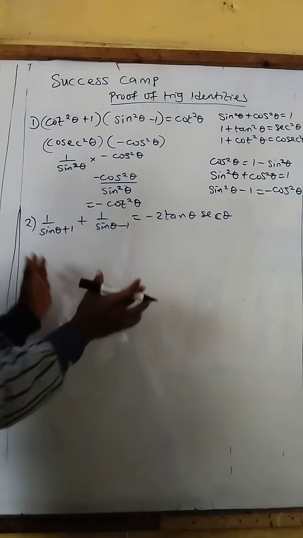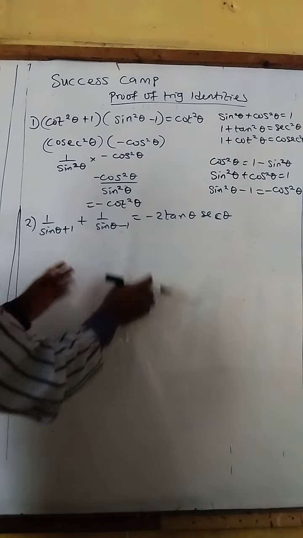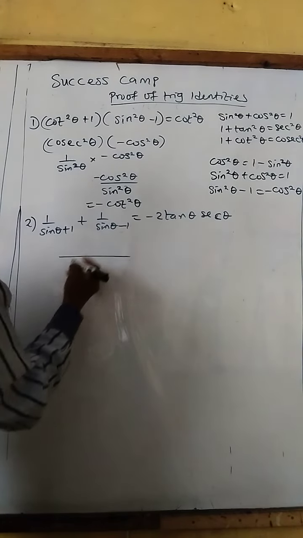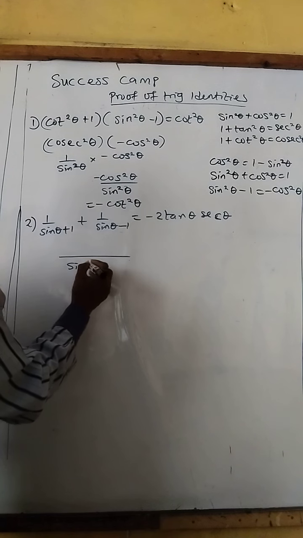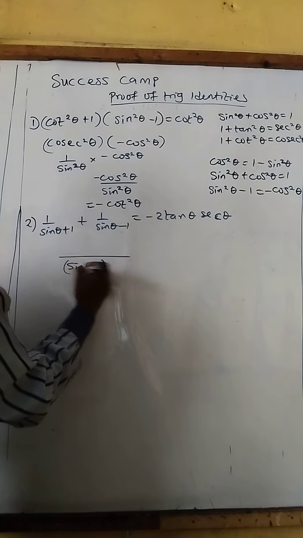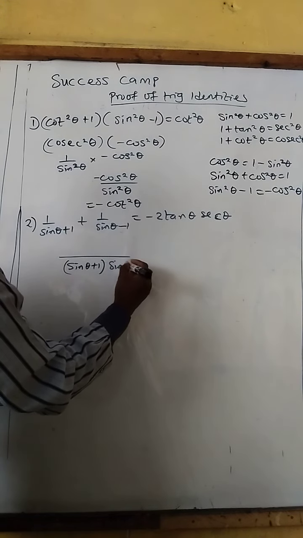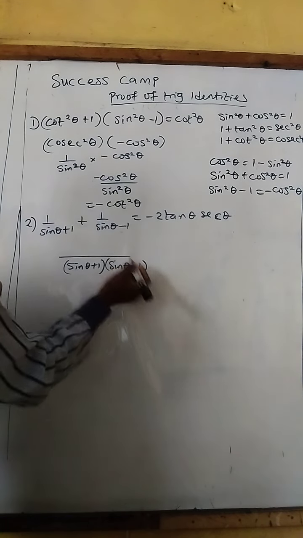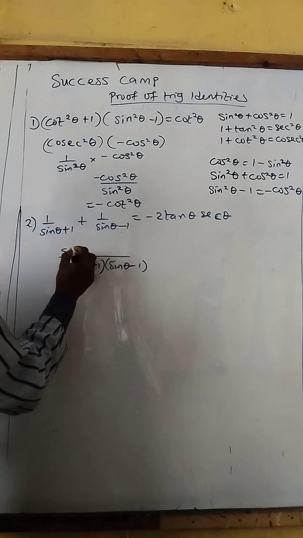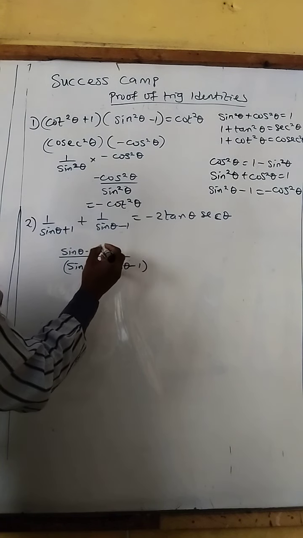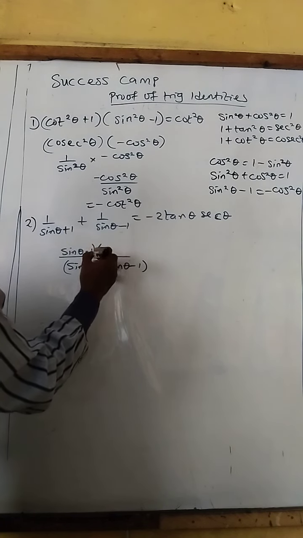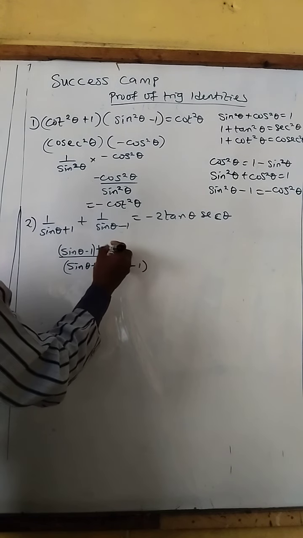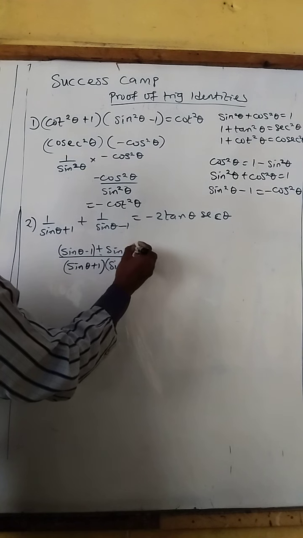By working with this one, we'll find the LCM first, then we cross multiply each one. So finding the LCM, we'll be having something like sine theta plus 1, bracket, sine theta minus 1.